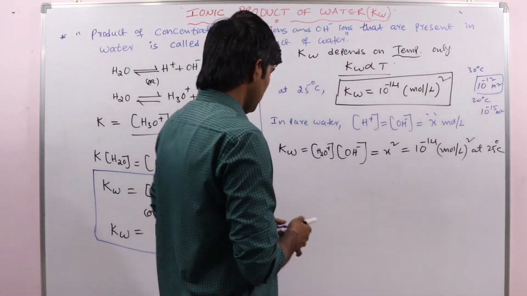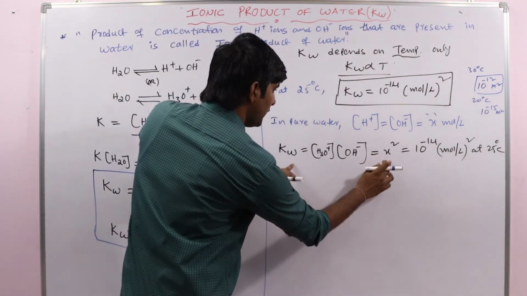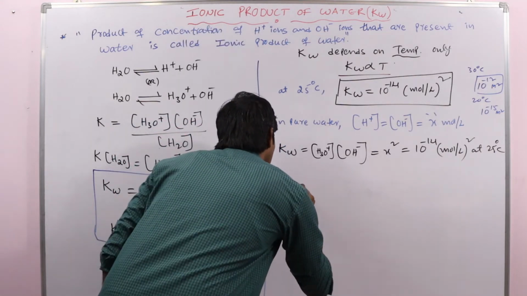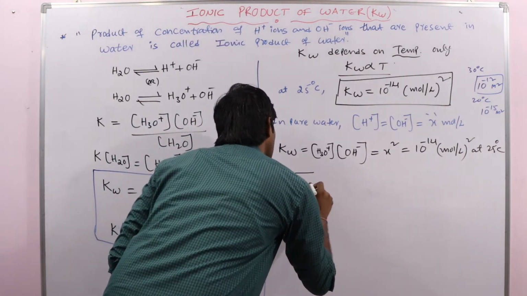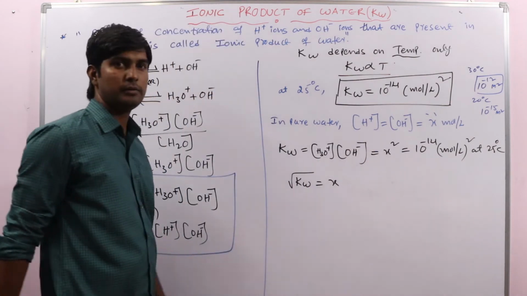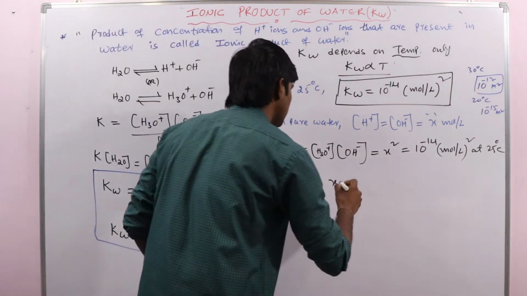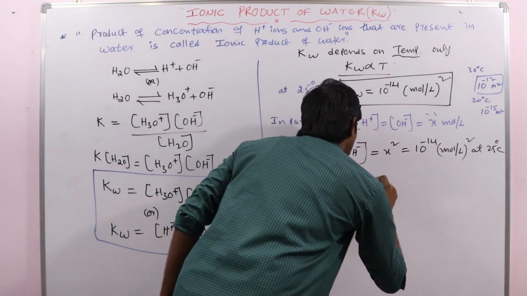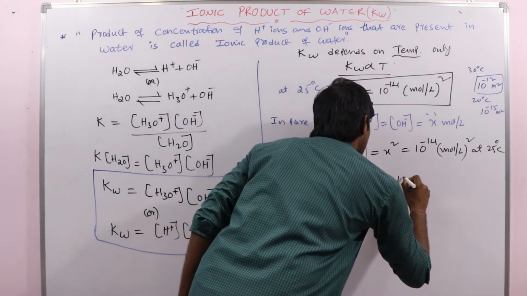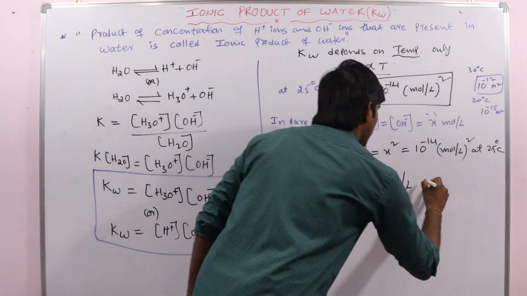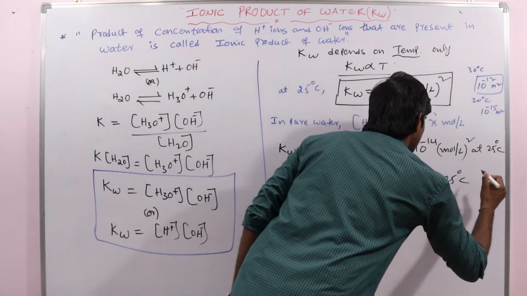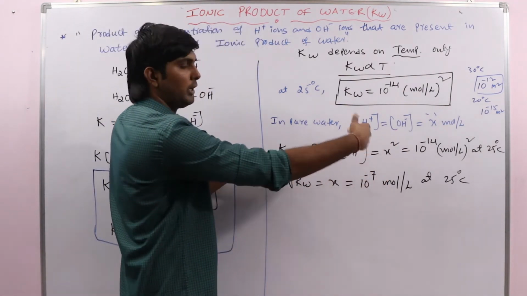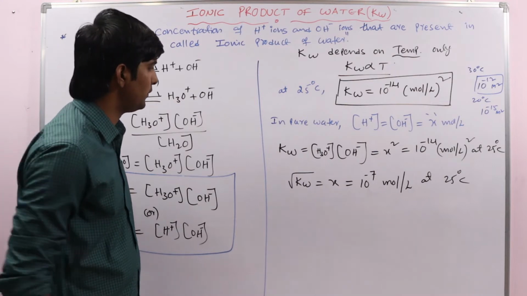Yes or no? Now, therefore, if you take these two, see Kw equal to X square, and we can write root Kw is equal to X. Yes or no? Root Kw is equal to X. That is equal to 10 power minus 7 moles per liter. Yes or no? At 25 degrees centigrade. Okay. So from these two, Kw equal to X square, that equal to 10 power minus 14.